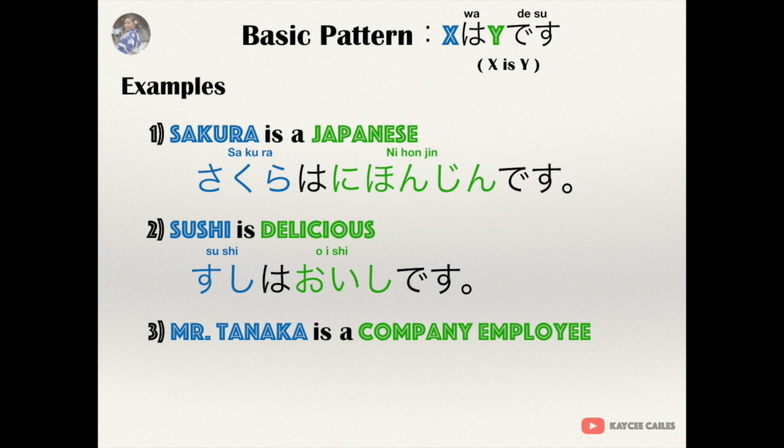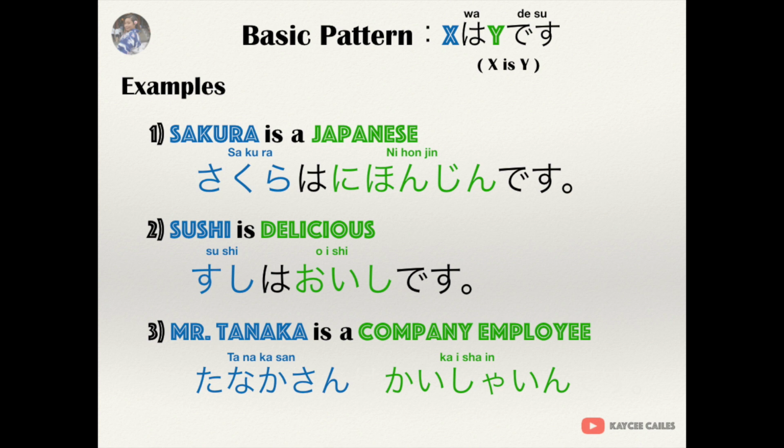Mr. Tanaka is our topic, and in Japanese we say Tanaka-san. Company employee is our comment, and in Japanese it's kaishain. Kaisha means company, kaishain means company employee. And to make it into a sentence, Tanaka-san wa kaishain desu. Mr. Tanaka is a company employee.